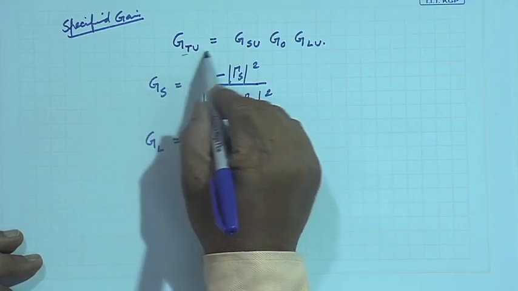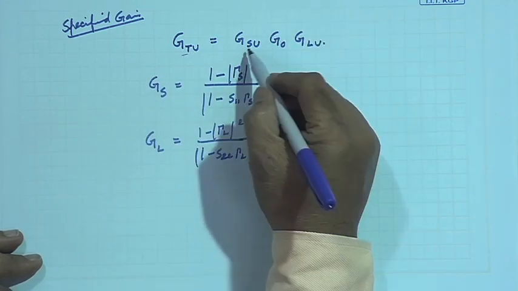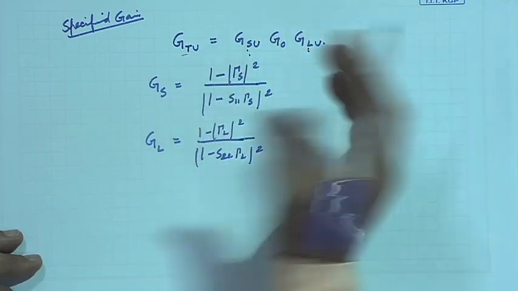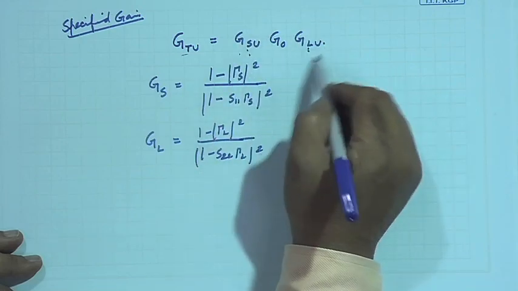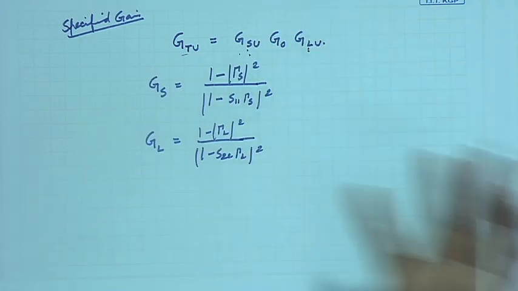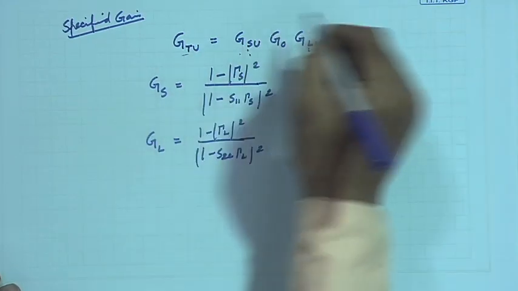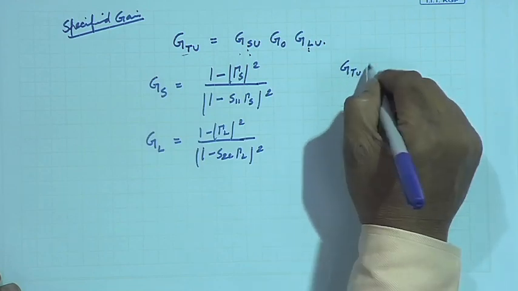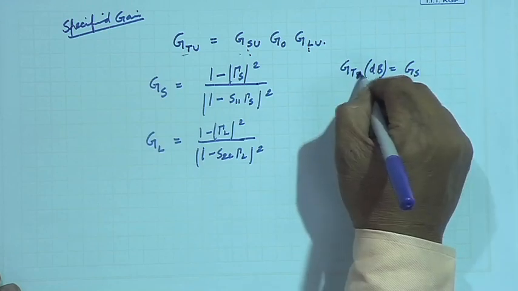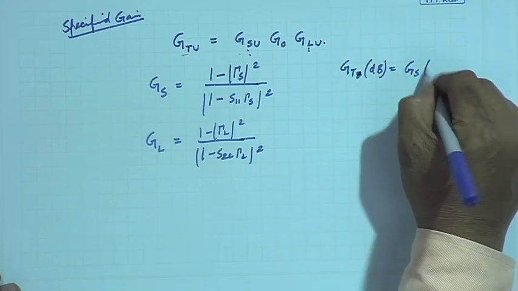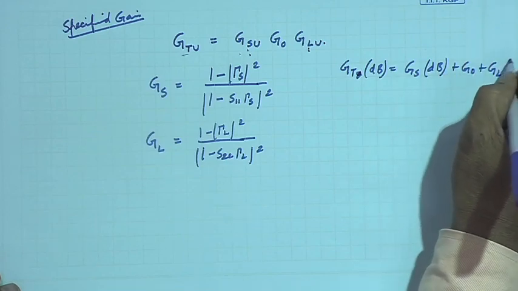So, I have the overall specification, and I know this value, which is |S21| squared of the transistor. Now, these two are in my hand, I can have any choice of input matching and output matching, some gain I take from here, some portion from here. In dB scale, GTU in dB is GS dB plus G naught plus GL dB.